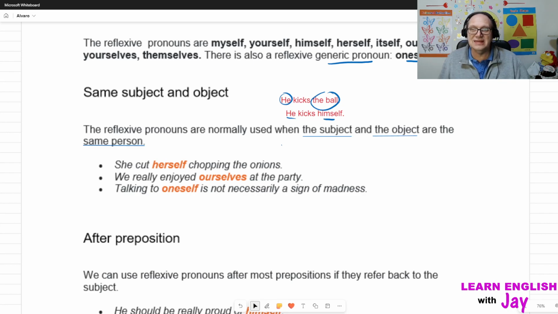But in this way, the subject and the object is the same thing. She cut herself chopping the onions. Talking to oneself is not necessarily a sign of madness. Well, I hope it isn't, because I do that constantly. So things like that, always good to remember. We really enjoyed ourselves at the party.